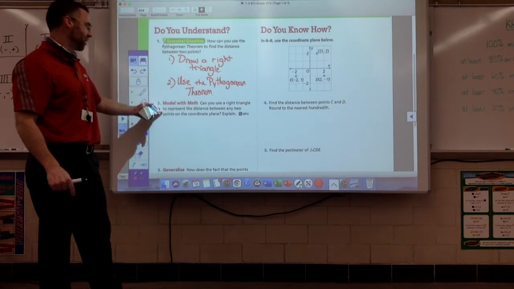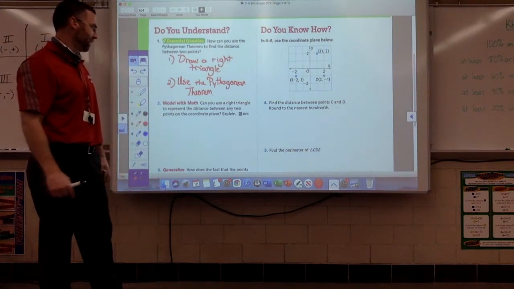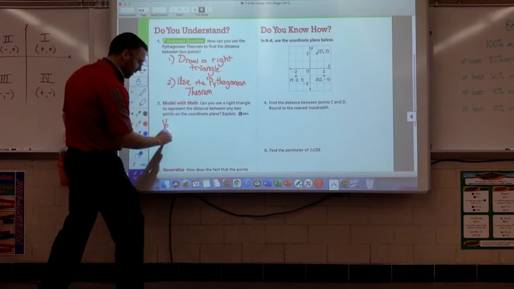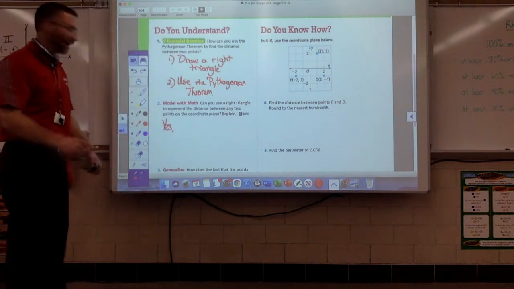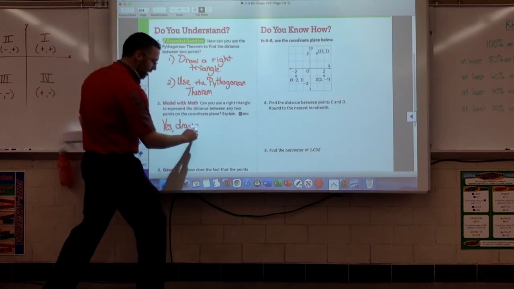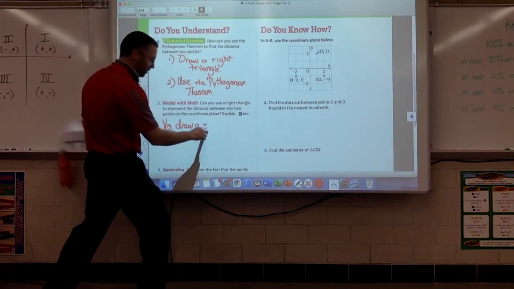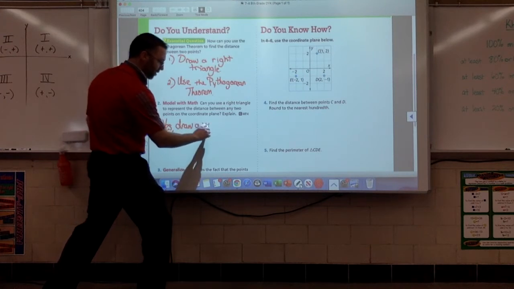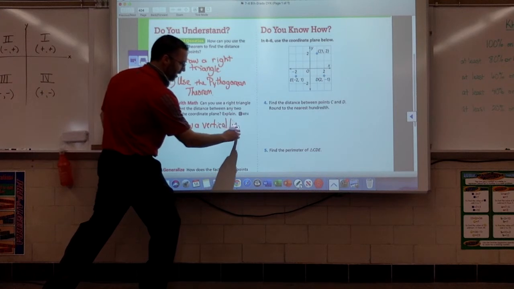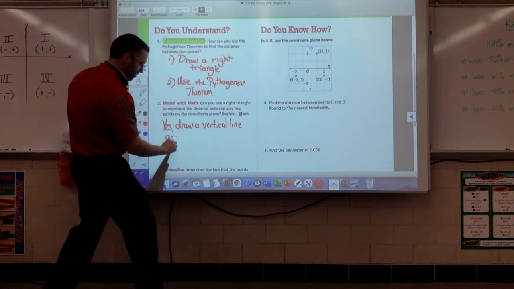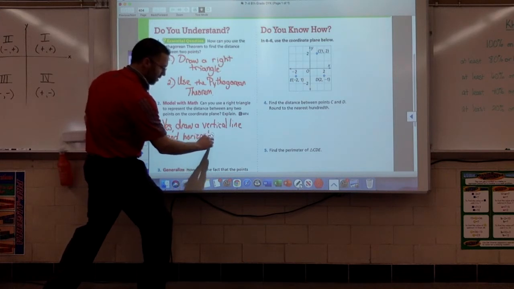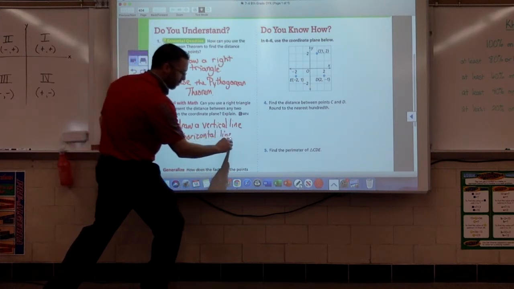Can you use a right triangle to represent the distance between any 2 points on a coordinate plane? You betcha we can. Yes, we can. How? Draw a vertical line and horizontal line through the 2 points.